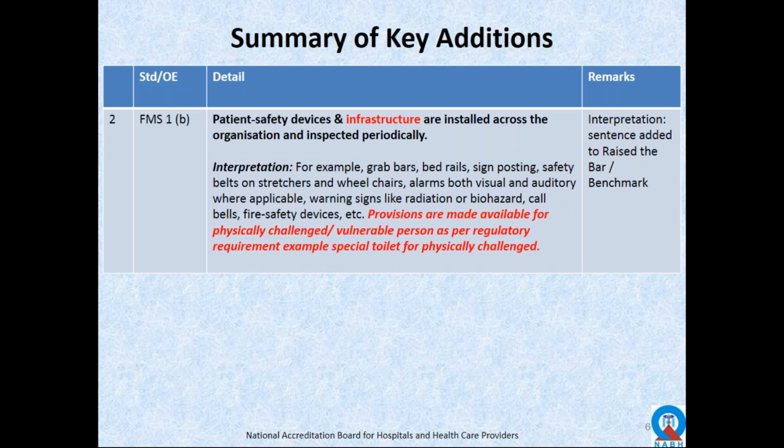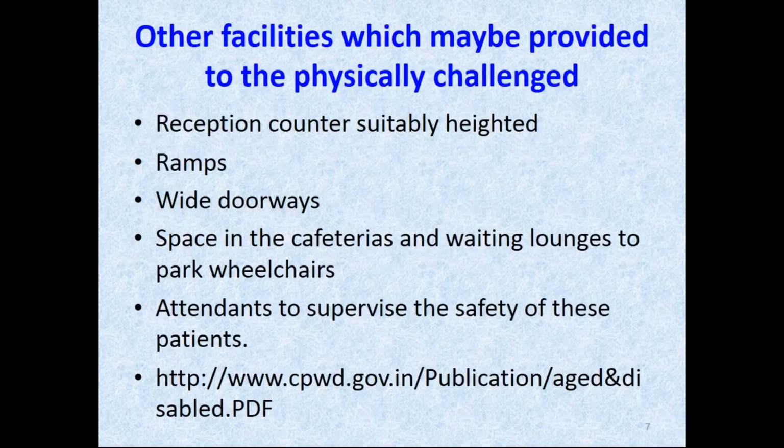Some of the other facilities which may be provided to the physically challenged group of patients is having a reception counter which is suitably heighted for these patients, having ramps to allow easy access for this group of patients, wide doorways where the wheelchairs can be moved around, spaces in cafeterias and waiting lounges to park these wheelchairs, and if possible attendants to supervise the safety of these patients.